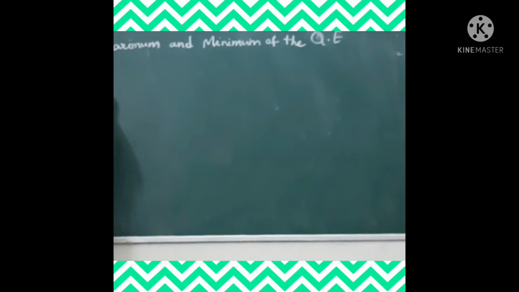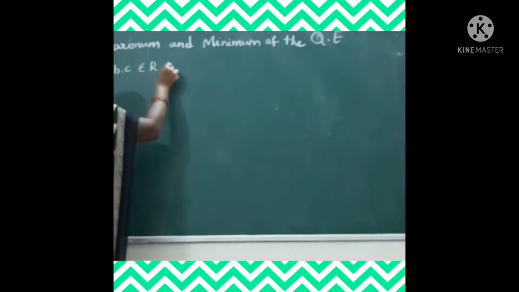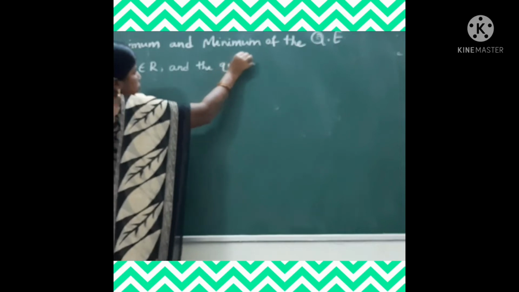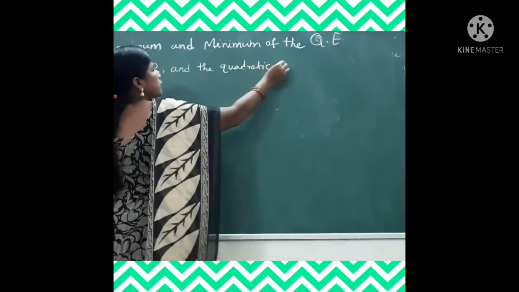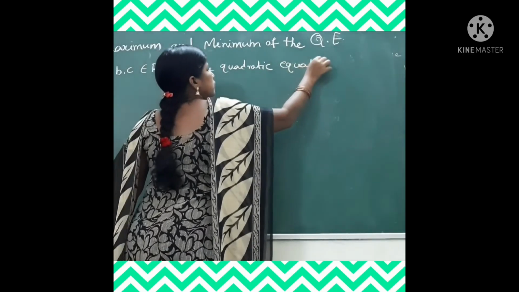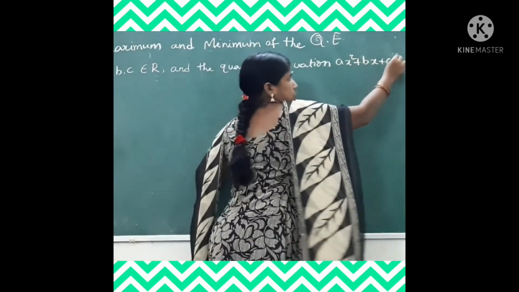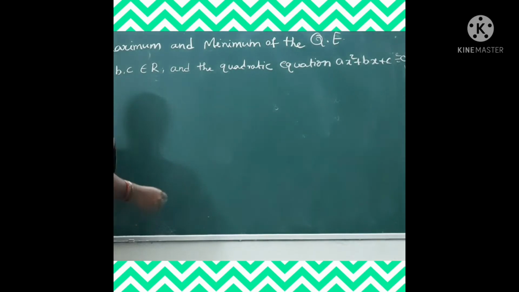Okay, here see here. Generally, if a, b, c belongs to R, in the quadratic equation ax square plus bx plus c is equal to 0, first condition is a is greater than 0.